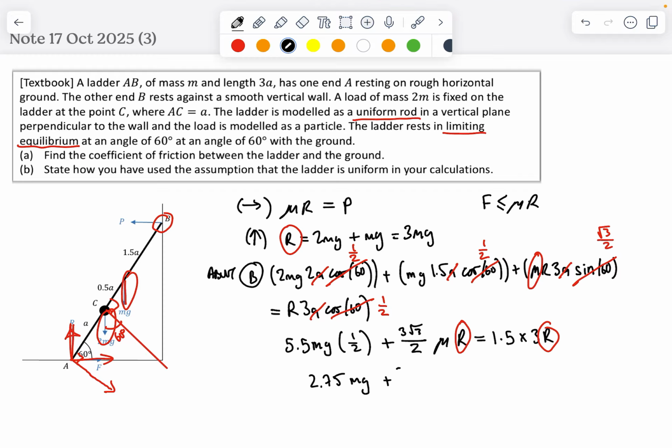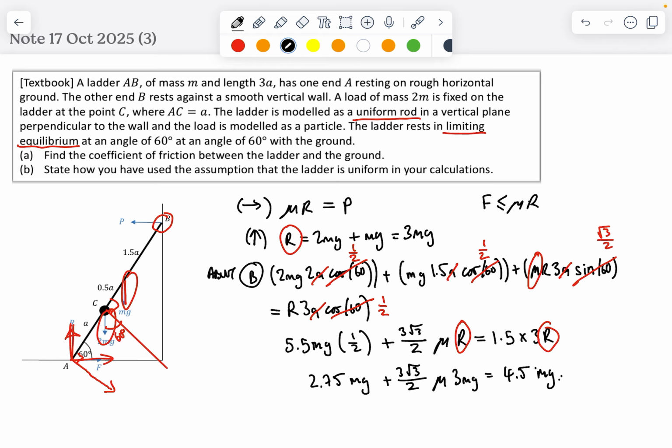We add to that 3 root 3 over 2 times mu times 3mg, which is our R, equals 1.5 times 3, which is 4.5, times R, which is 3mg, giving 4.5 times 3mg.